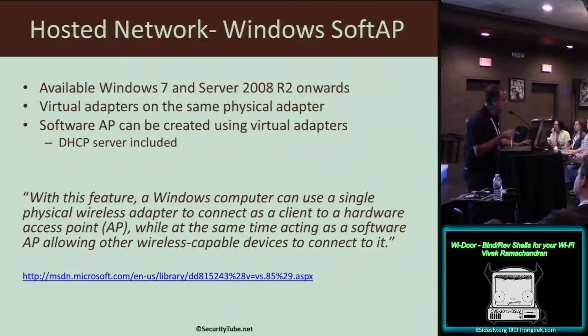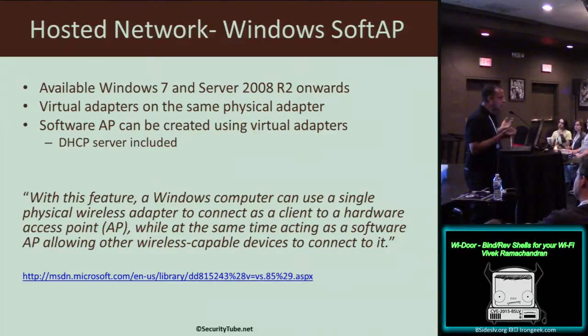Now here's the interesting part after that, right? While at the same time acting as a software AP. So this is not mutually exclusive. While you are connected to a regular network, you can actually create a software AP on the same wireless card.